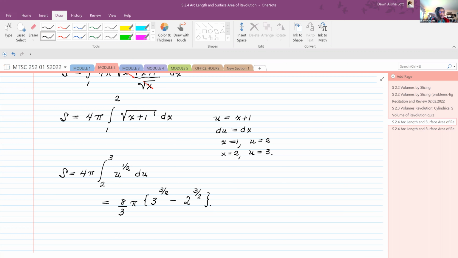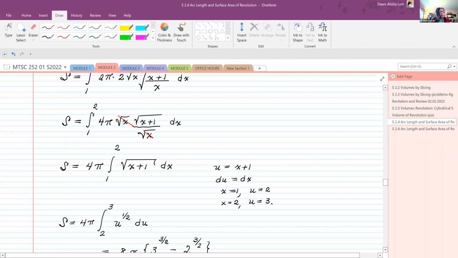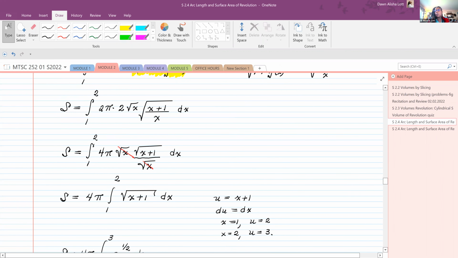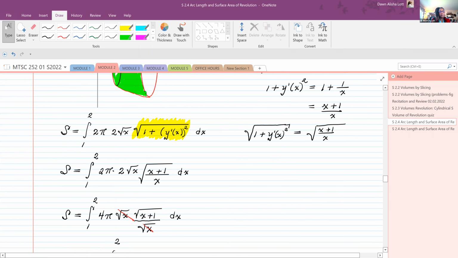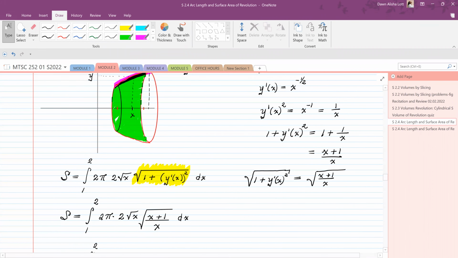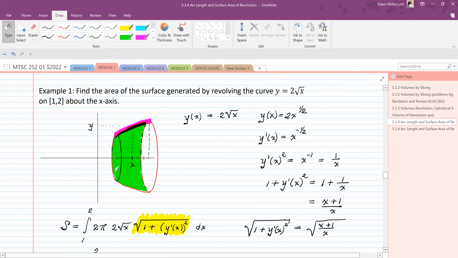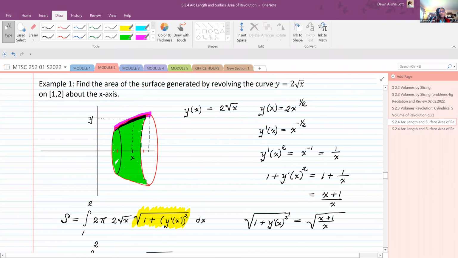Okay, any questions? I have a question. I don't get the point when you did, if you could scroll up, I'll show you. Keep going a little more, on the right, where you did the prime and all that. Can you just explain? Oh, no problem. So this is 2x to the 1/2 power, right?